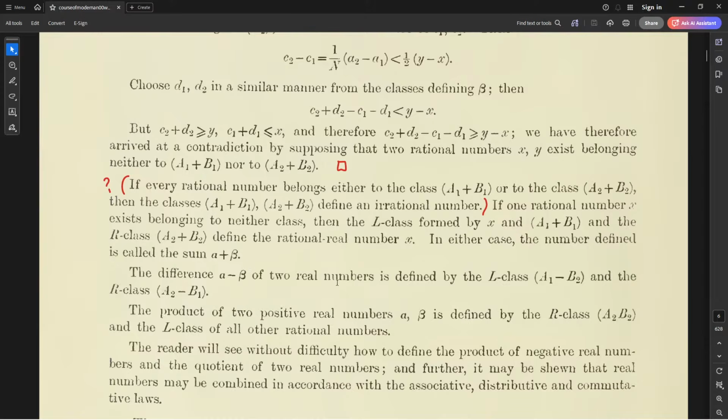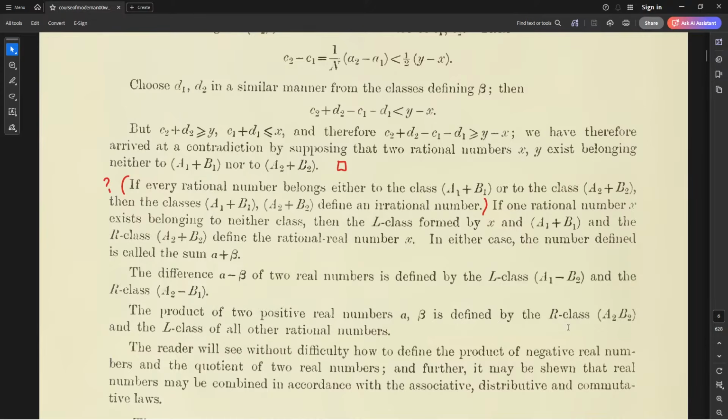So here there's only one sentence, maybe two, in the main text. It says the product of 2 positive real numbers, which are understood as cuts, alpha and beta, is defined by the R class.